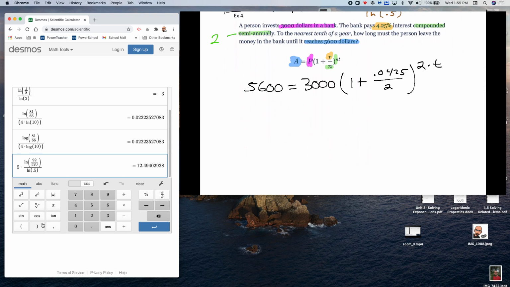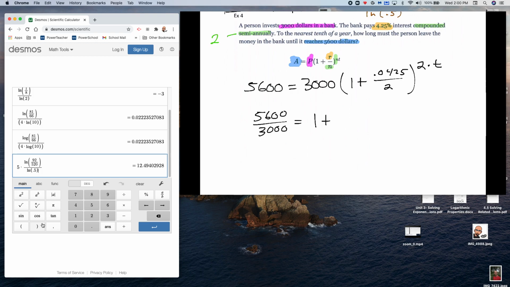Now I'm going to go through and solve this. And I know the numbers are not going to look right, and I'm not going to do a lot of simplifying because I'm just going to use the calculator to calculate it. So just bear with me as I do this. First thing I'm going to do is divide by 3,000. So I'm going to have 5,600 divided by 3,000.